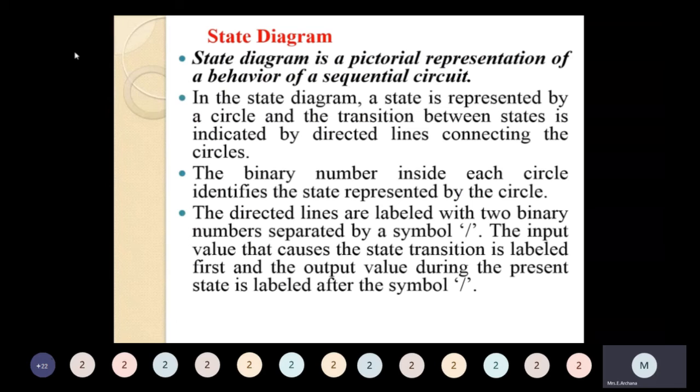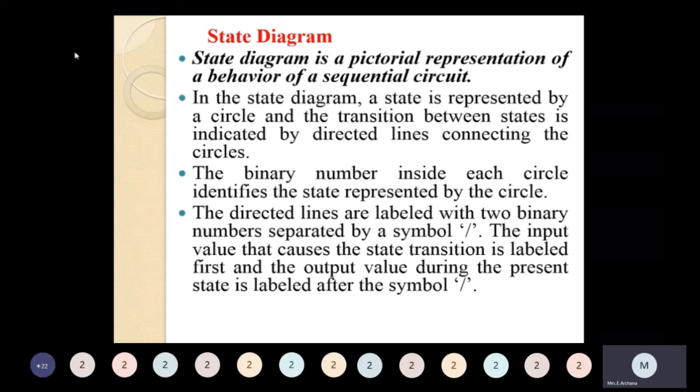Next thing we are going to see is the transition of the sequential circuit. This is the transition between the states indicated by the directed lines that connect the circles. The binary number inside the circle identifies the state represented by the circle.